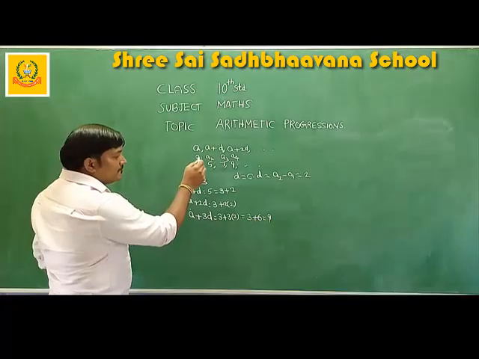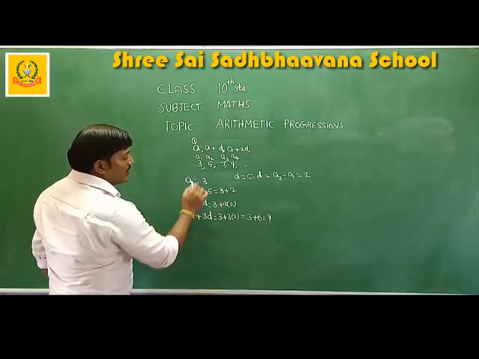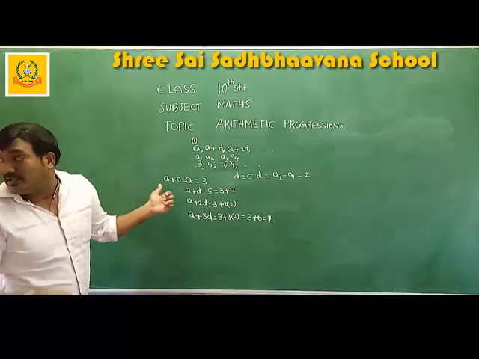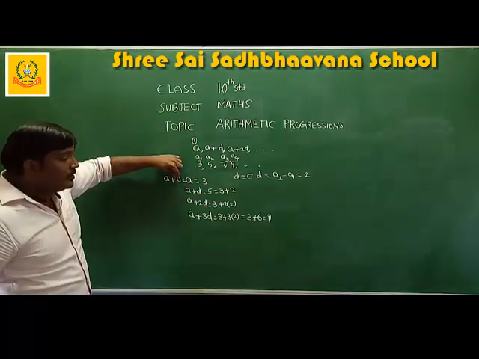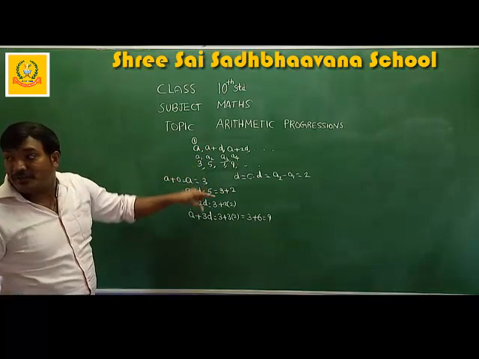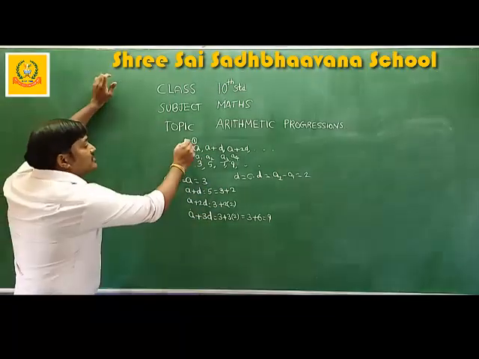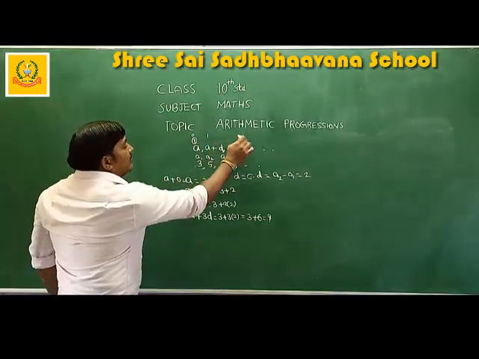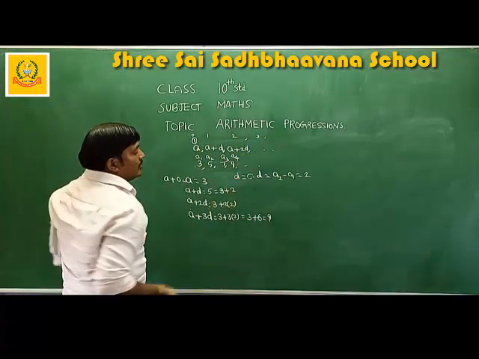So we observe here, to the first term we are adding 0, correct? a can be written as a plus 0 also. Anything added to 0 is the same term itself. So first we added 0, next we added d, next 2d, 3d, and so on. Meaning for the first term we have 0, for the second term 1, for the third term 2, 3, and so on.